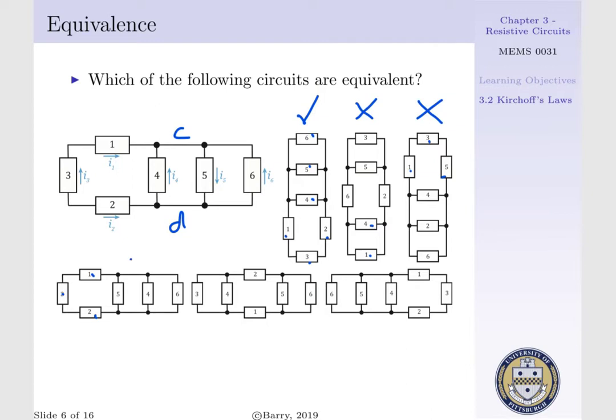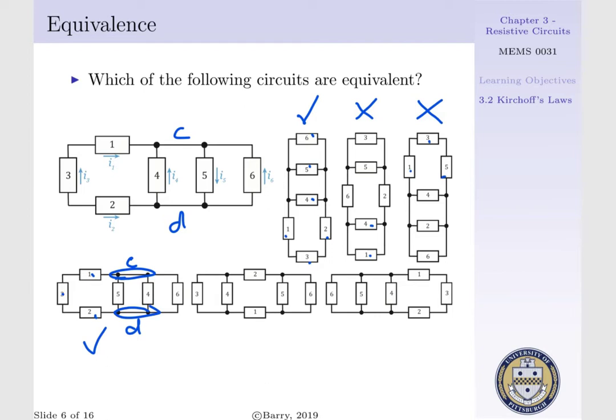Elements 4, 5, and 6 can be connected to node C and node D at top and bottom. What's unique is, since elements 4, 5, and 6 share the same nodes, we can switch their order, such that the element on the bottom left is equivalent to the circuit on our top left.